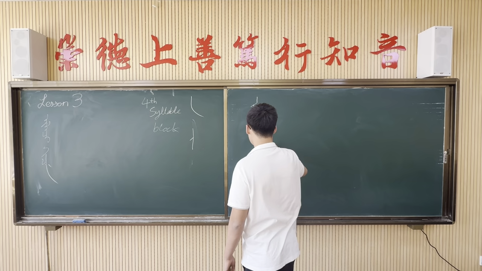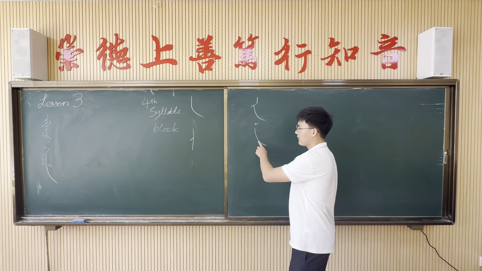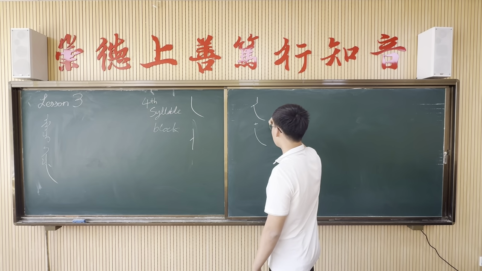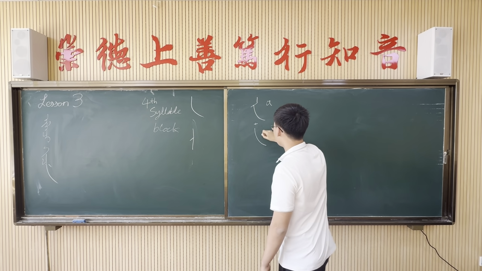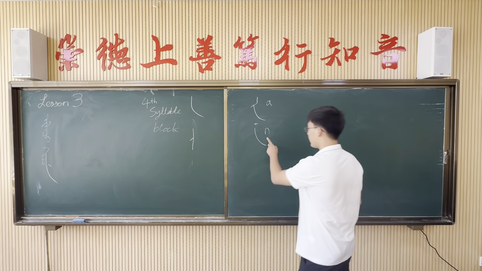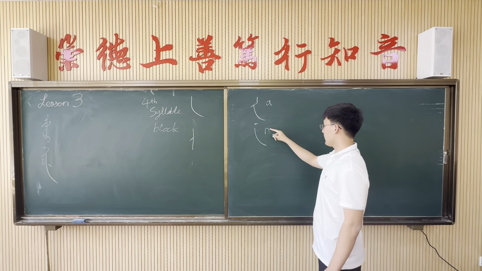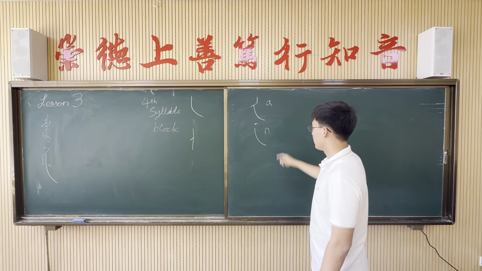So let's start off with A, right? A plus N, right? This is just a sound. This is pronounced like N, right? So this fourth syllable block represents the N sound, right?